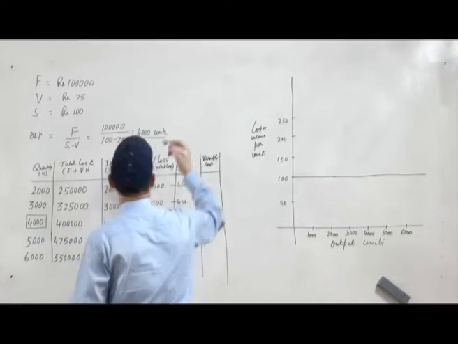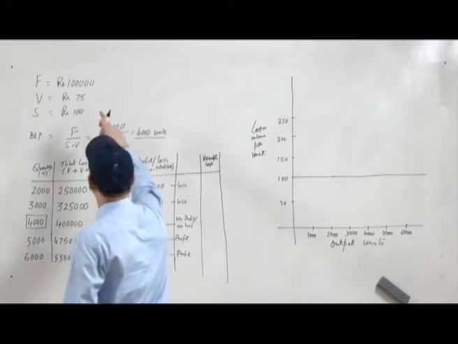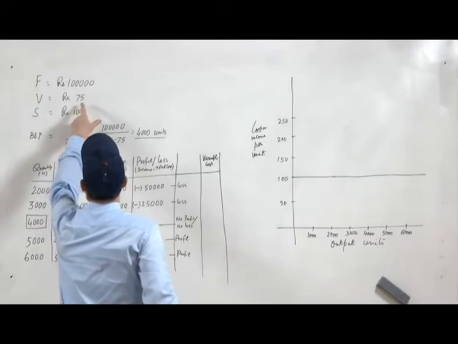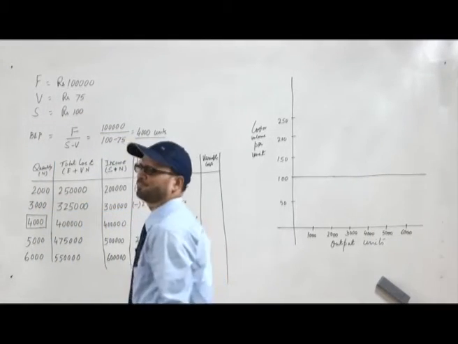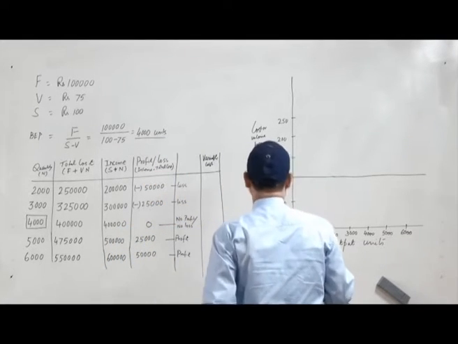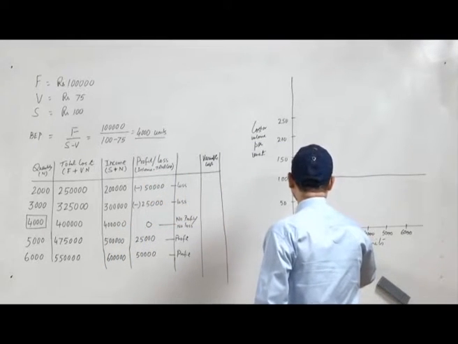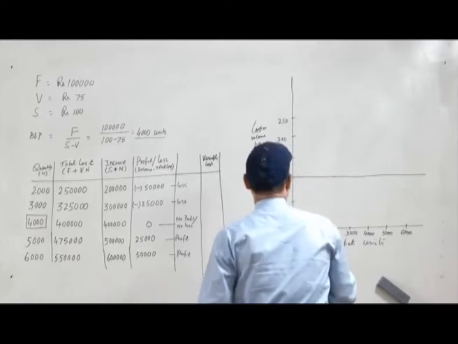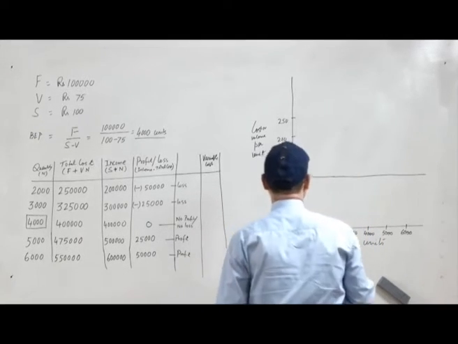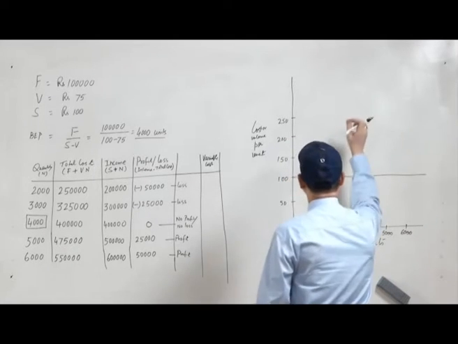For 1000 units the total cost will be 1 lakh plus 75 multiplied by 1000, that is 1,75,000. So, for 1000 units that will be 175.